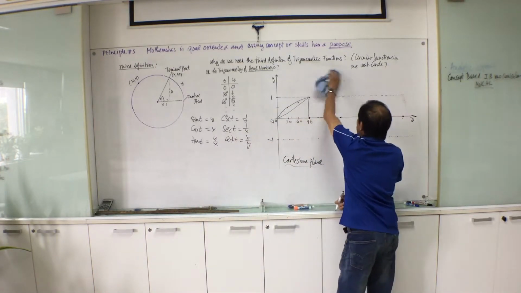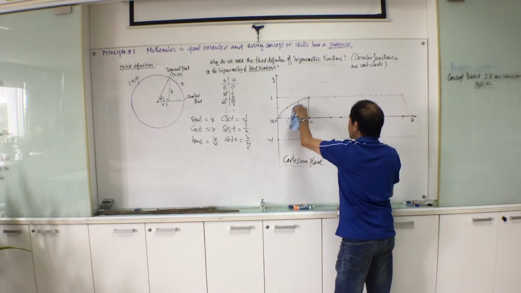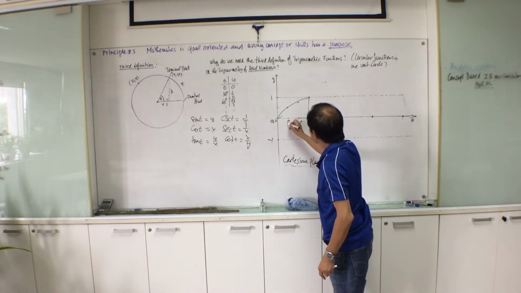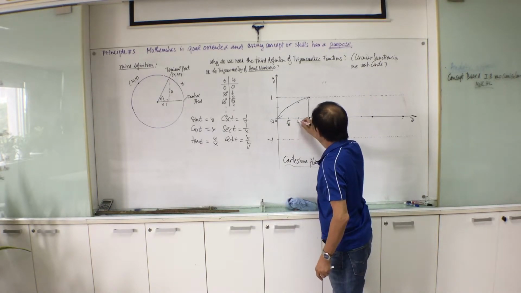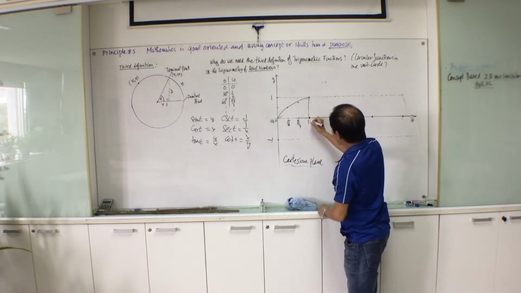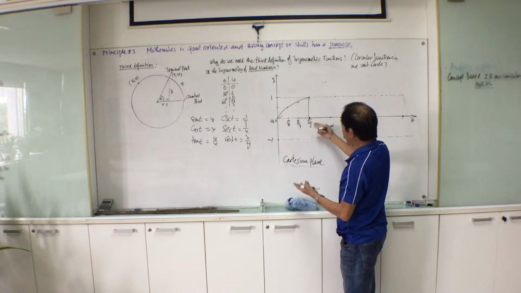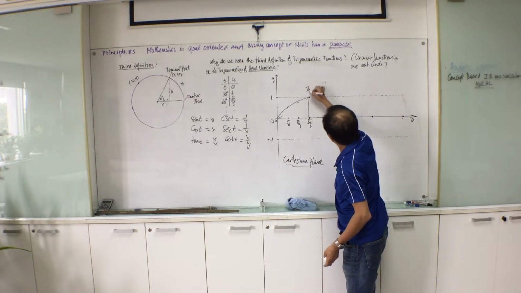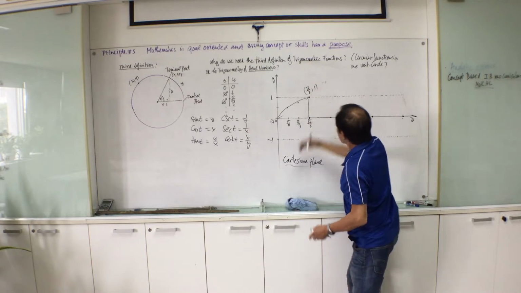Okay, next one. Now we go to the second definition. So this we change into pi over 6, and this to pi over 3. Now the points are equivalent in value. Pi over 2 is about 1.5, so the point here should be pi over 2, 1.